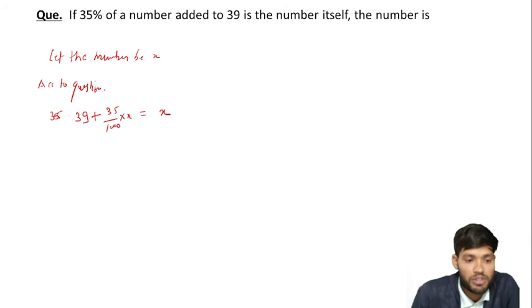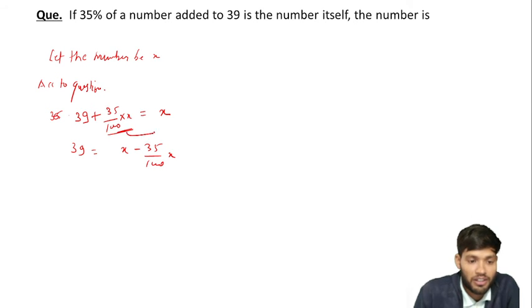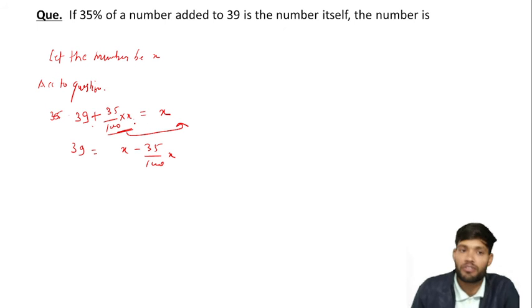Now we have to separate the x's. 39 is equal to x minus 35 by 100 x. Is it clear? I shifted this number from this side to this side. So a number that is positive on this side becomes negative on the other side. So x minus 35 by 100 x, that means 65 by 100 x.